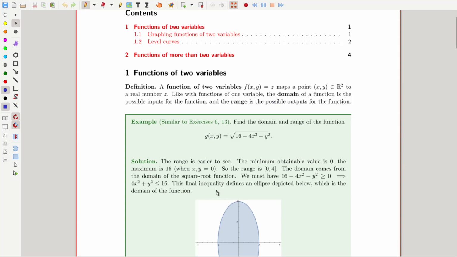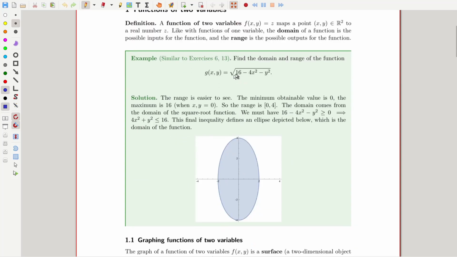And so here we have an example. Suppose you have some function g of x and y that looks like such, and you're asked to find the domain and range of this function. The range is the easier thing to determine just by looking at this. Because of the square root, we know that we can't get any negative numbers to come out.